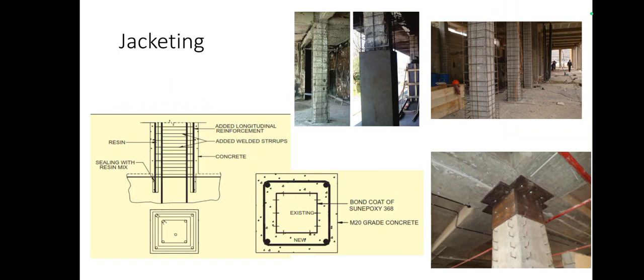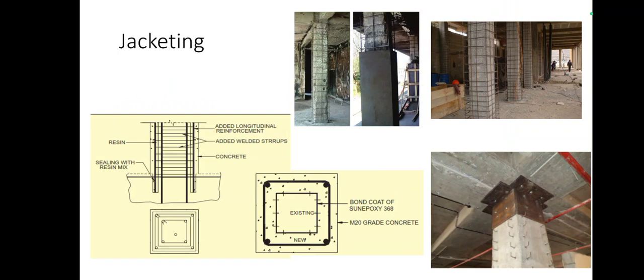Mainly this type of situation will arise when the structural adequacy of that column is less, or in case I am going to increase the number of stories of the building, suppose G plus 4 to G plus 6 or 7. In that case, earlier the designer designed that building only for G plus 4, now I am going to increase the stories so the strength of the columns or the structural members has to be increased.